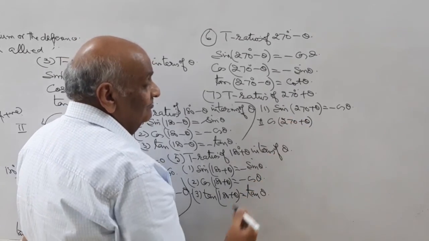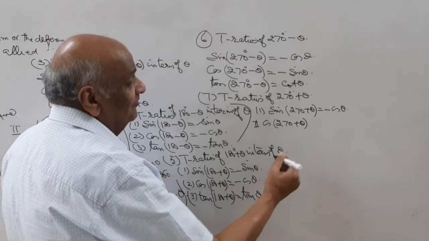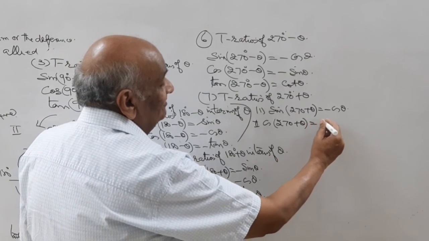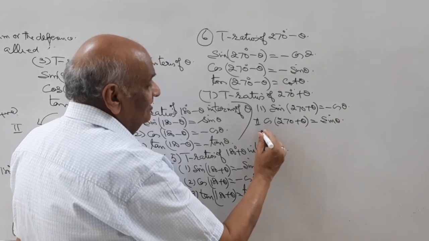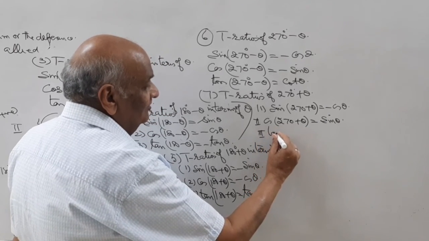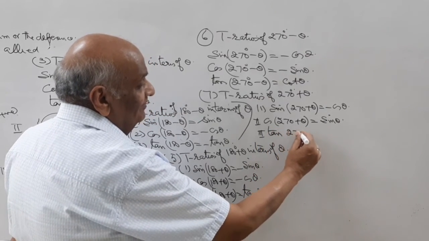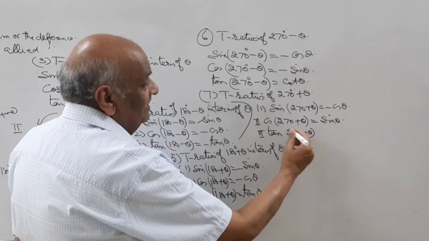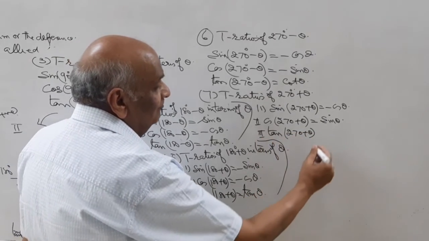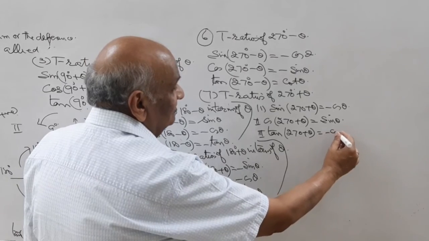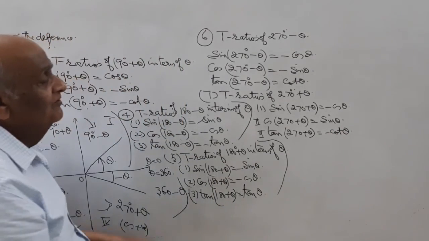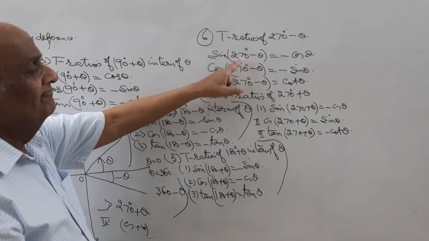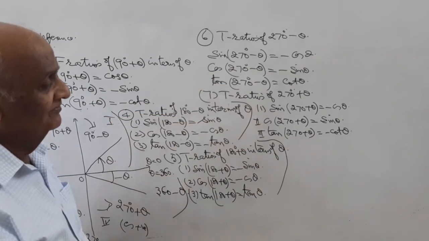It is fourth quadrant, cos is positive, it will be sin theta. But the third case, tangent 270 plus theta, will be equal to minus cot theta. So these are the T ratios of 270 minus theta, 270 plus theta.